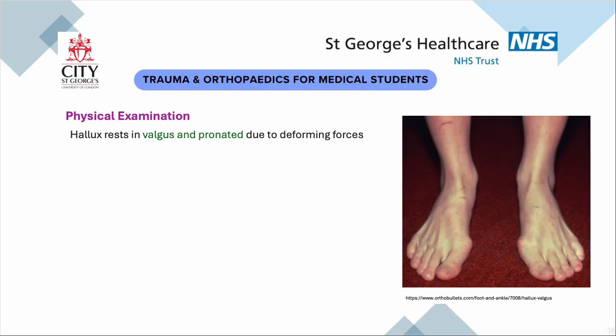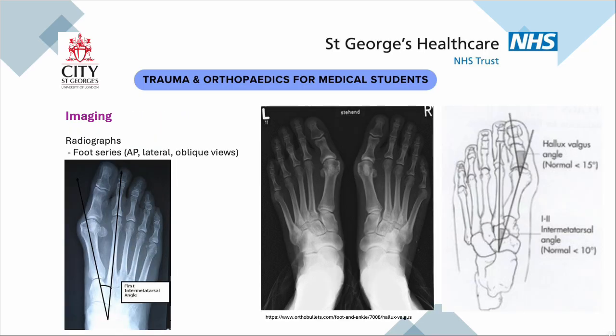The basic physical examination of hallux valgus is fairly simple, as you'll see the deformity and you'll see the slight pronation as a consequence. If you get more involved in foot surgery, there are a number of things that you have to do to look at the causes of hallux valgus, but for most purposes it's simple enough just to inspect and identify the pathology.